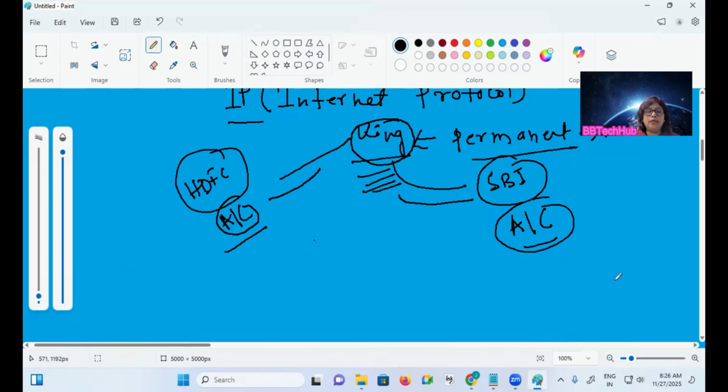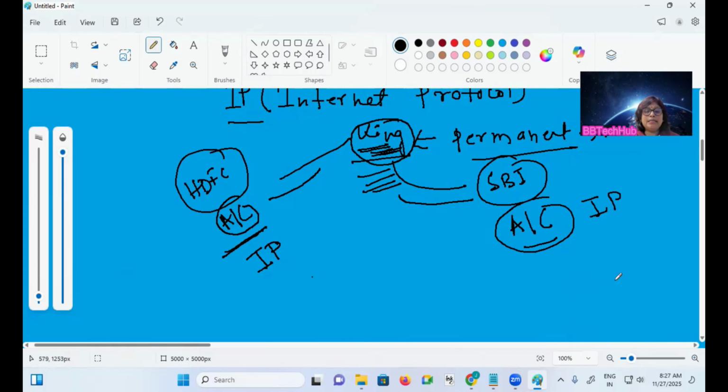That means the person is the same, his MAC is the same. But whenever the person belongs to a group, he gets a group address. So this address is changeable from network to network.